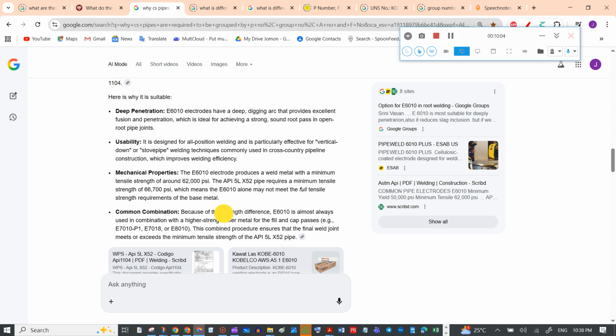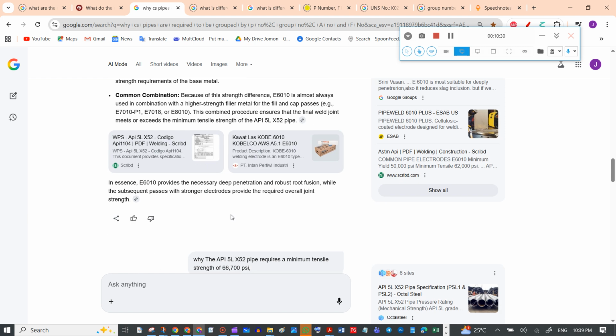Because there is a strength difference, E6010 is always used in combination with a higher strength filler material for the fill and cap passes, like E7018. This combined procedure ensures that the final weld joint meets or exceeds the minimum tensile strength of API 5L X52.